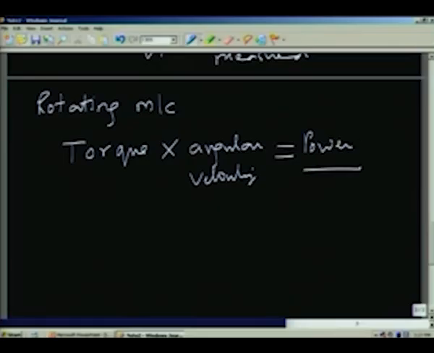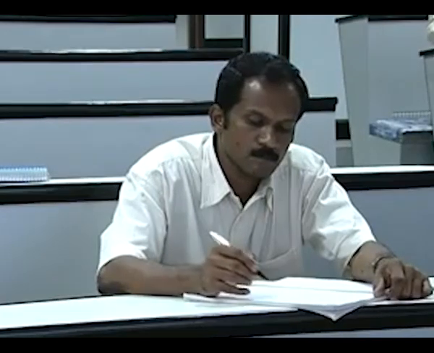So, the reason why we are interested in measuring the torque is of course because we would like to measure the power through that. The point I am trying to get at is that the measurement of torque is directly related to the measurement of power, and this could be in different cases.